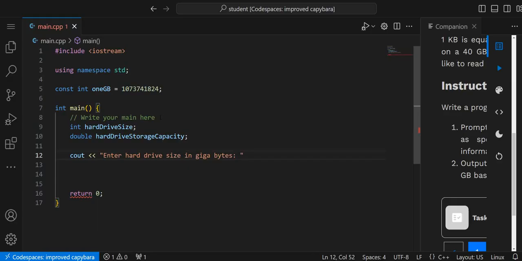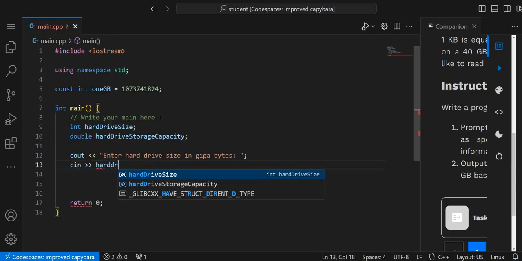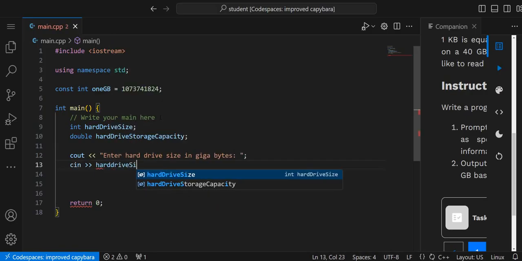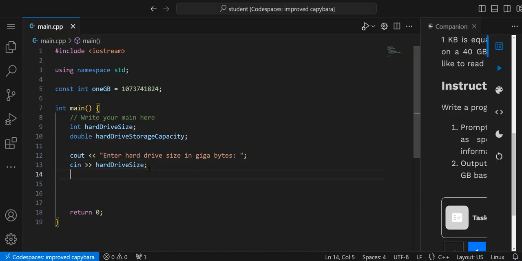Next, we read in the hard drive size, and endl.